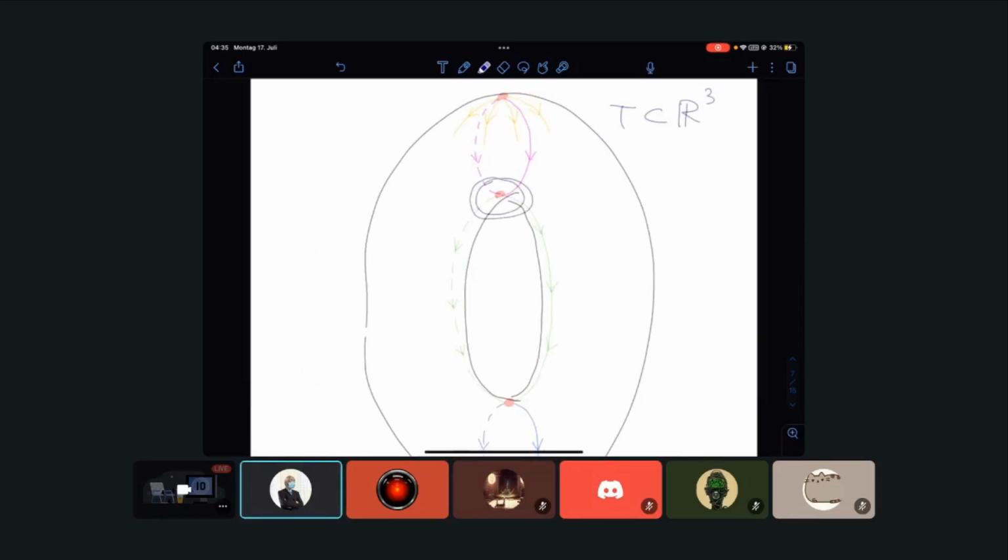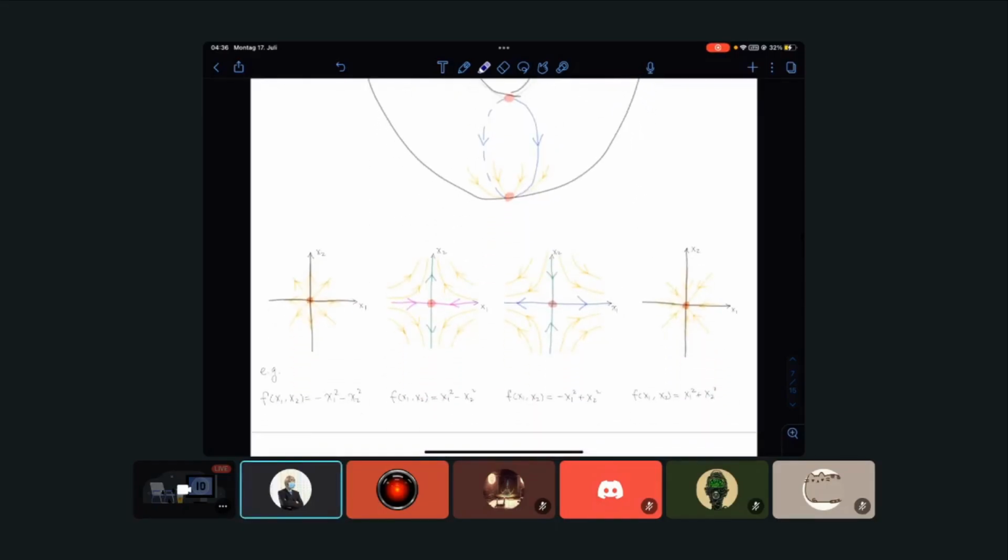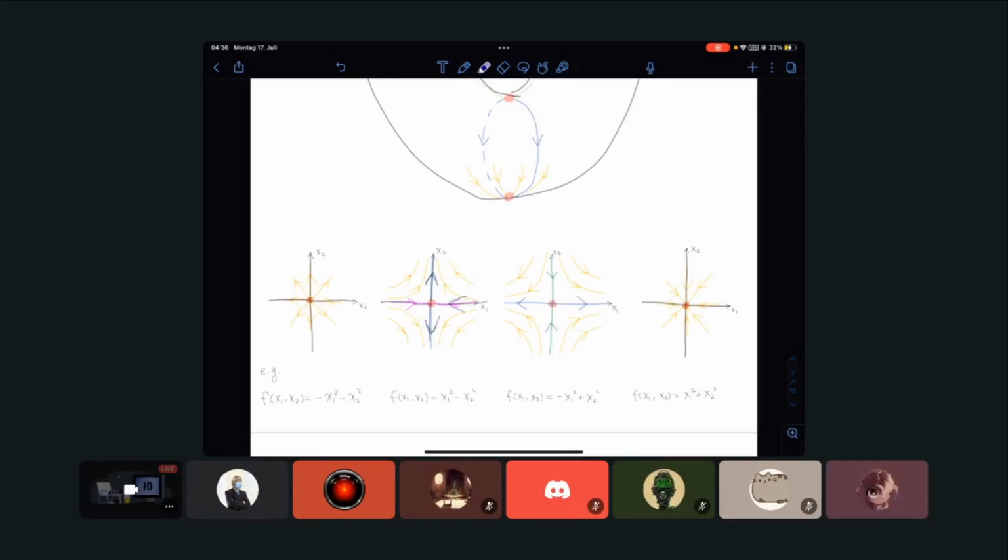If we look at things here, then we have this purple circle that converges towards here, and then we have this blue one that goes further down. So that's definitely a saddle point. How it looks is this. If we go up or down, it goes further down, but there are 2 flows coming from the top. They're pink, purple.